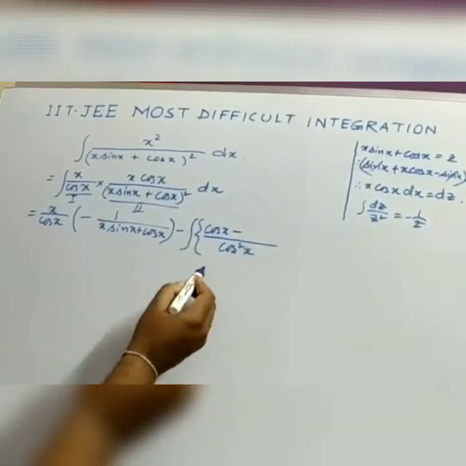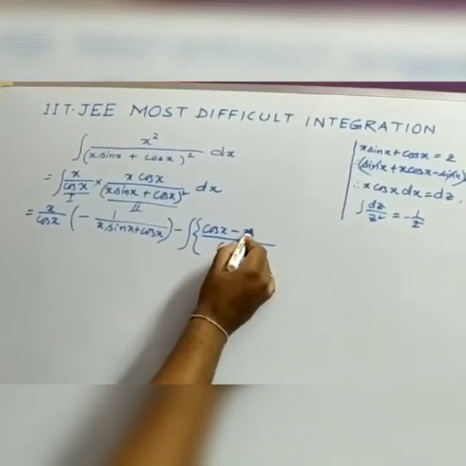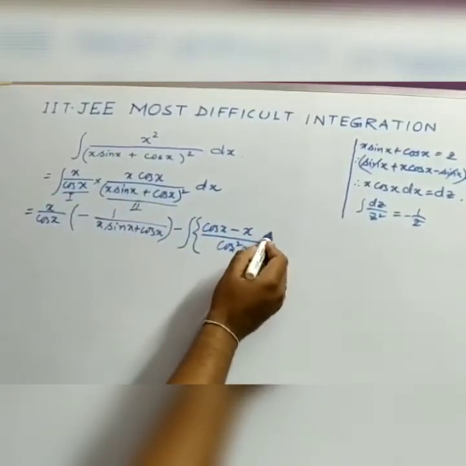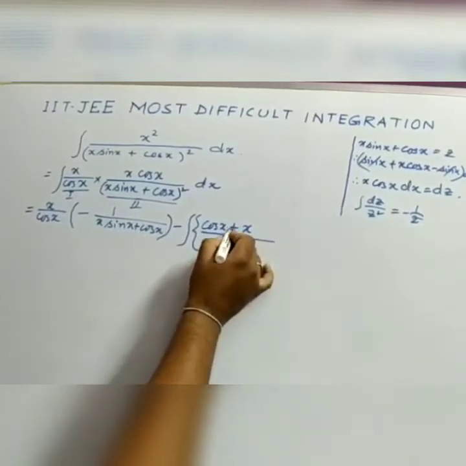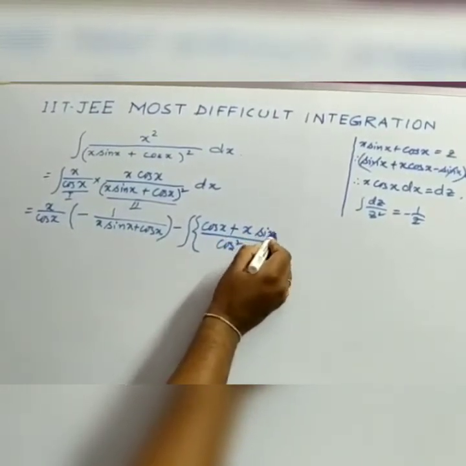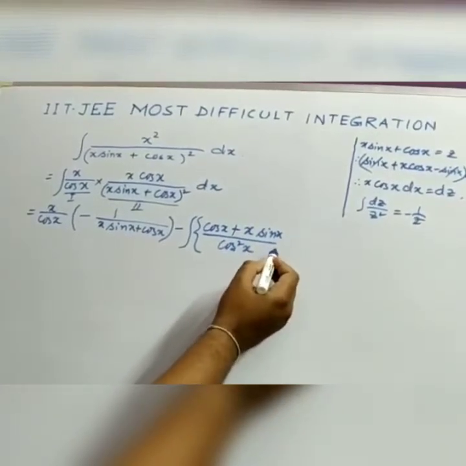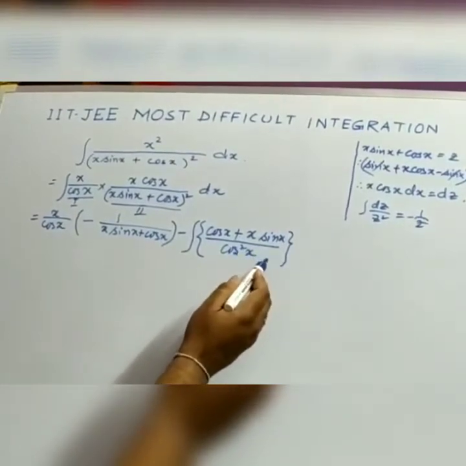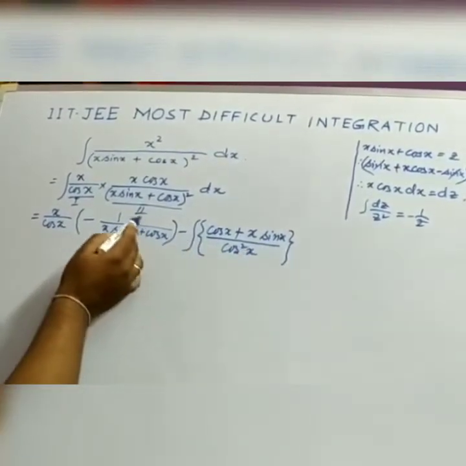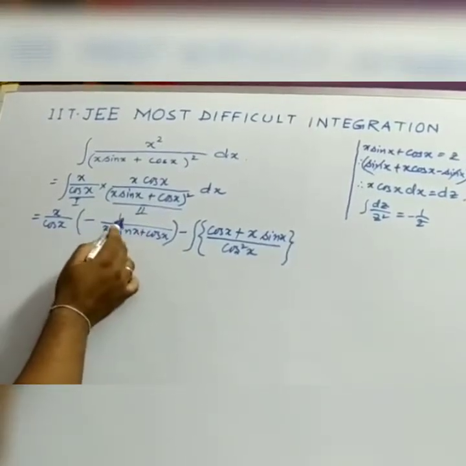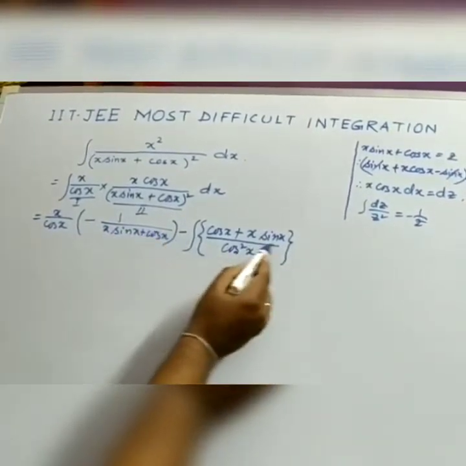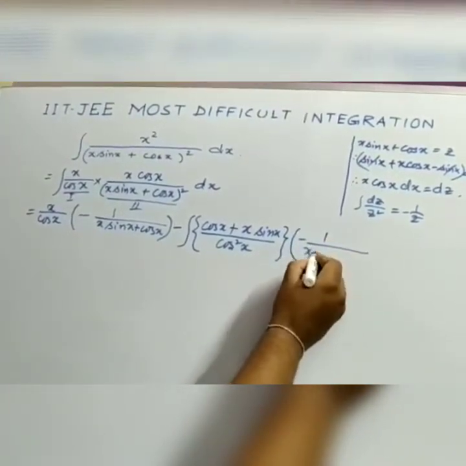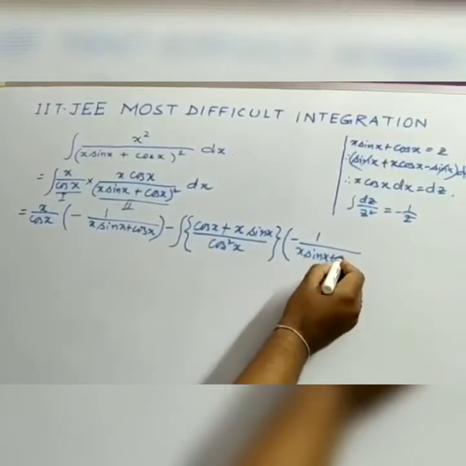Then minus, numerator remains fixed and the differentiation of the denominator: cos x has the differentiation minus sin x. So that minus and minus gives plus x sin x. Okay, so that we got from the differentiation of u. Then integration of v dx, that integration we got here also, that is minus 1 by (x sin x plus cos x). So that we are taking here: minus 1 by (x sin x plus cos x).